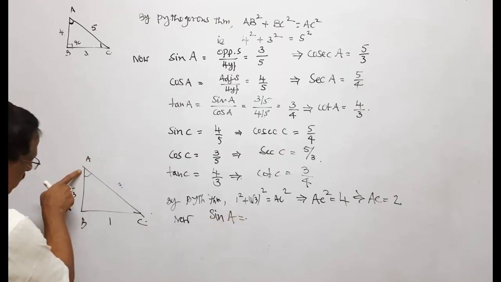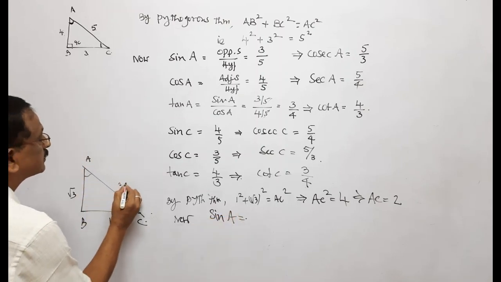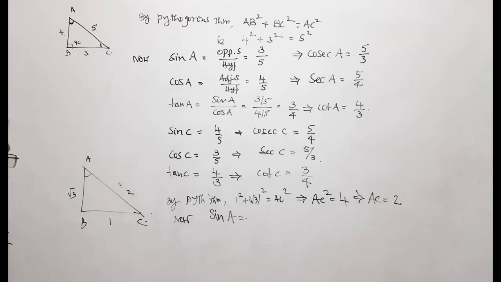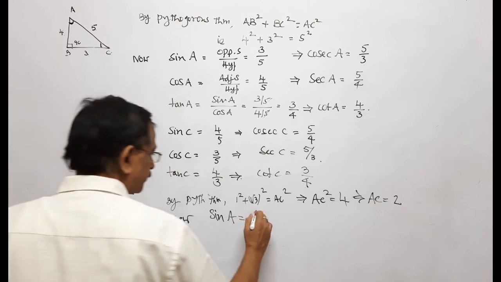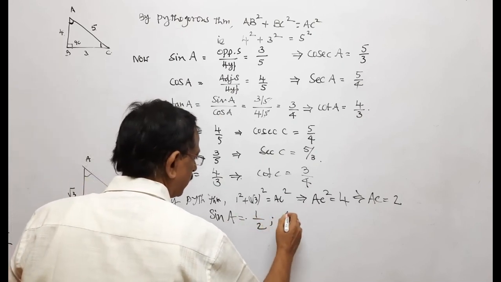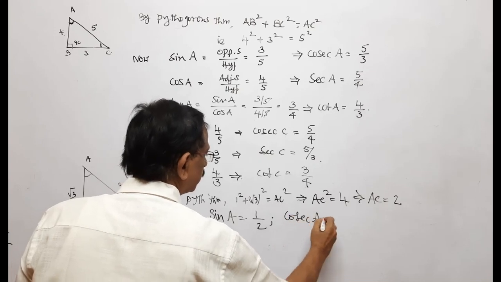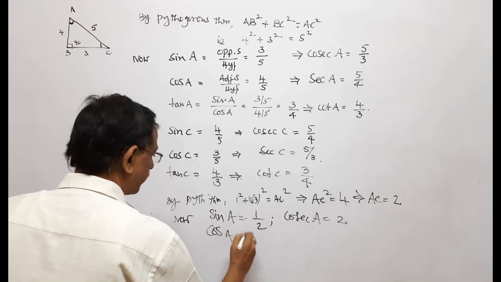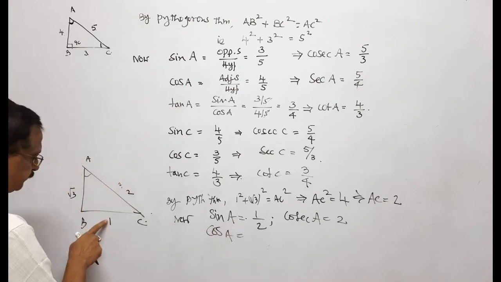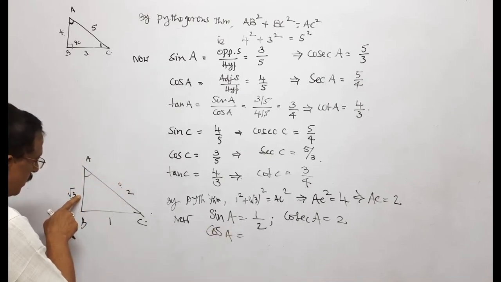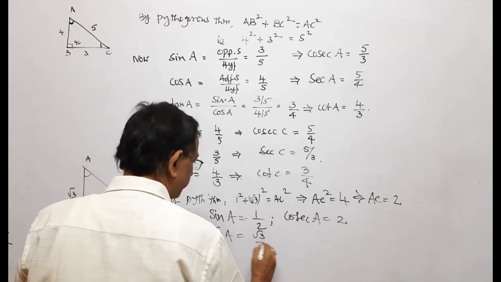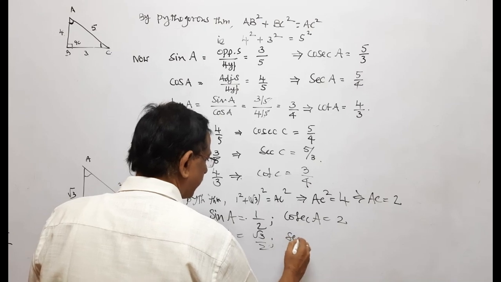Now, let me evaluate sin A. Now I have evaluated this as 2. What is sin A? Opposite side by hypotenuse, 1 by 2. Then, what is cosecant A? 2 by 1, which is 2. What about cos A? Adjacent side by hypotenuse, so root 3 by 2. And what about secant A?